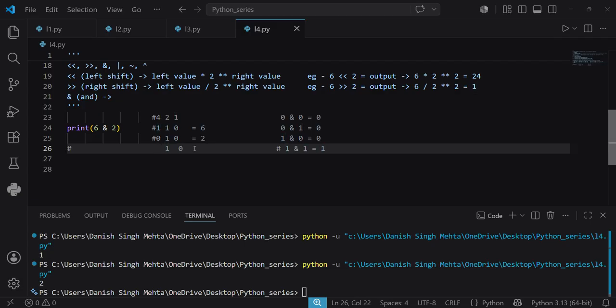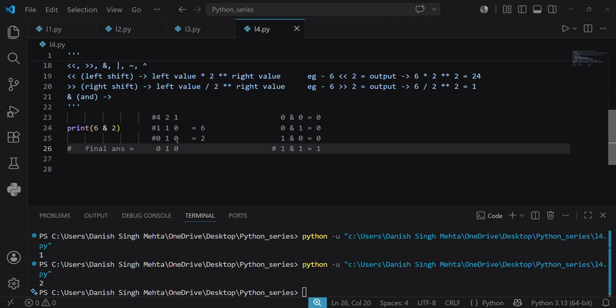And here 0 and 1 gives us also 0. So now you can see our final answer. Our final answer is 0 1 0.